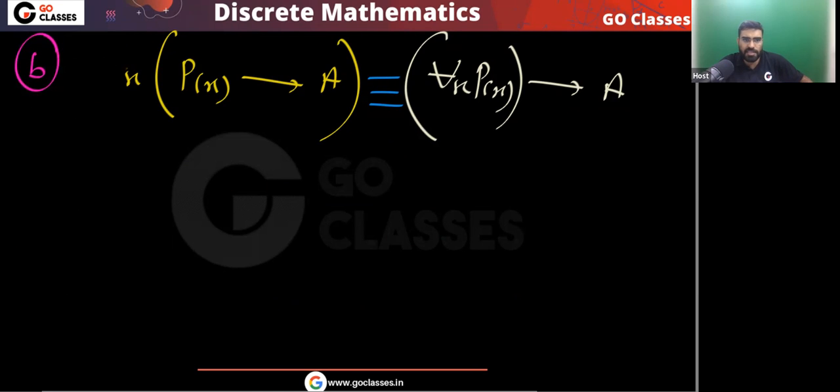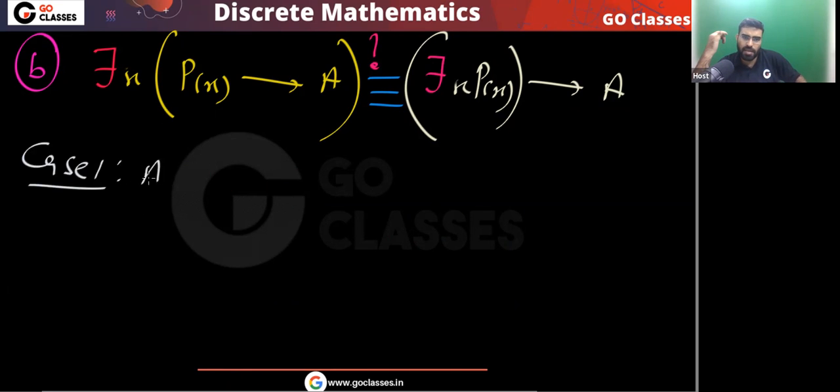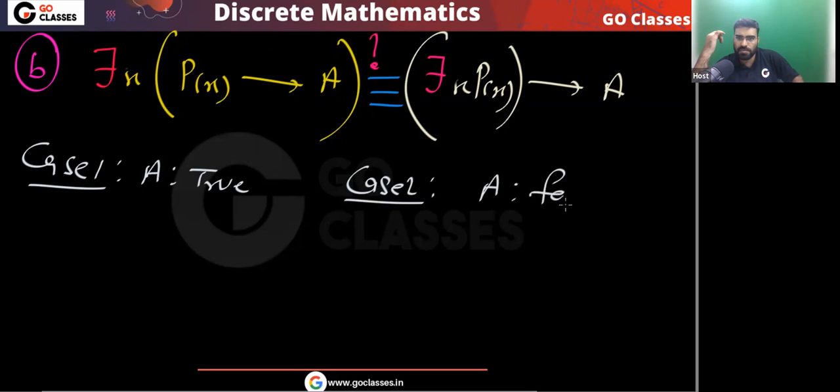What if I put the existential quantifier here? Now are they equivalent? Again, they are not equivalent. You can see case 1, A true, and case 2, A false.